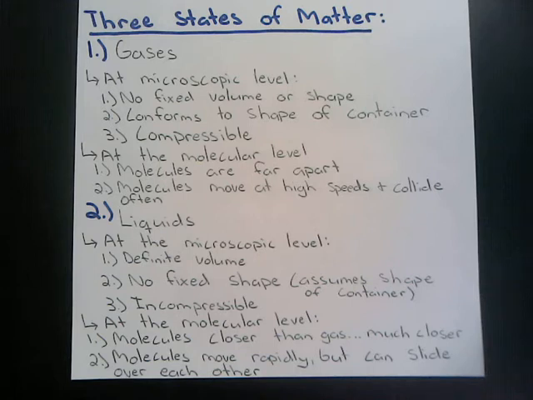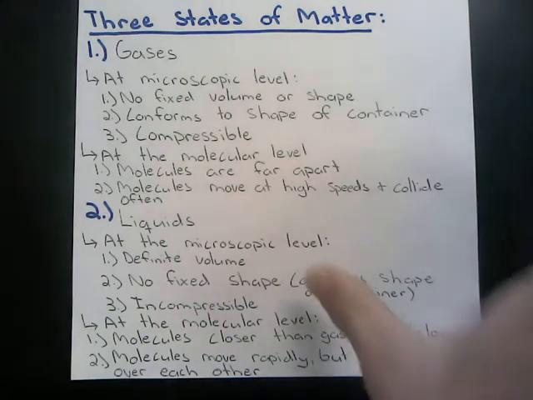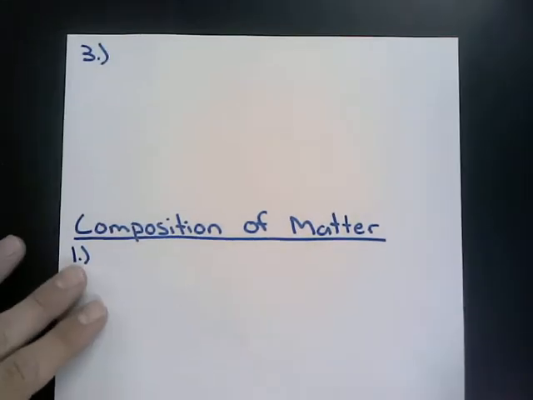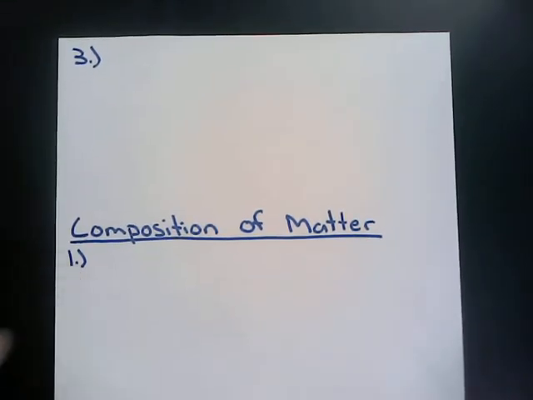All right, so we'll transition pages here and we'll talk about the third state of matter, which is that of solids. So again, that third state of matter that we will deal with in this class is solids. So once more, we start out talking about the microscopic level of solids. Number one, solids at the microscopic level have a definite volume and shape.